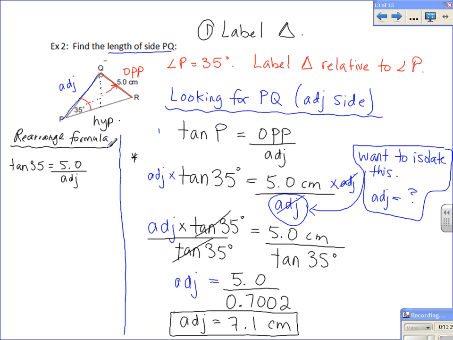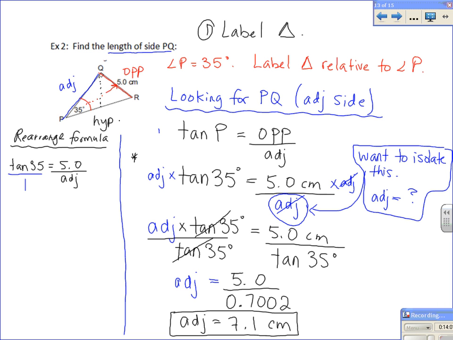Over here on the right-hand side, I multiplied both sides of the equation by the denominator, by the adjacent. The other shortcut that you can do here is cross multiply. The tan of 35 is the same as the tan of 35 over 1. In order to get rid of the denominators, you can cross multiply.